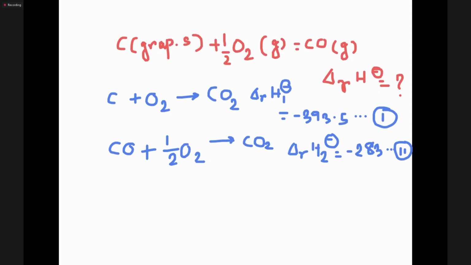So now the problem started with the reaction of carbon in graphite form burning in dioxygen to produce CO, which is an incomplete combustion. The ΔrH° value we have to calculate.